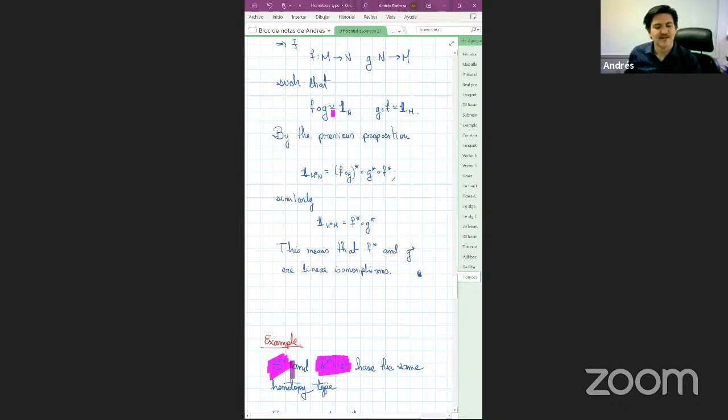So the dimension is not a restriction for two spaces to have the same homotopy type. So this is the interesting thing.